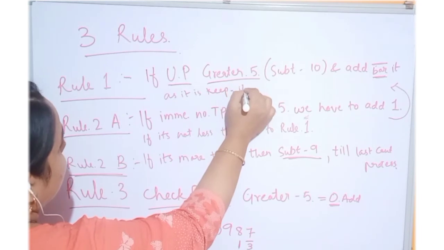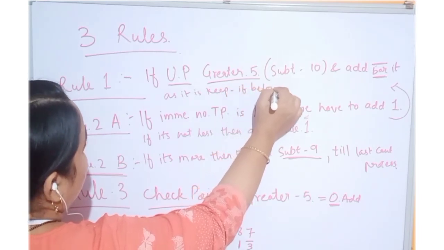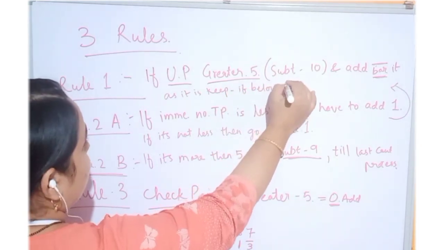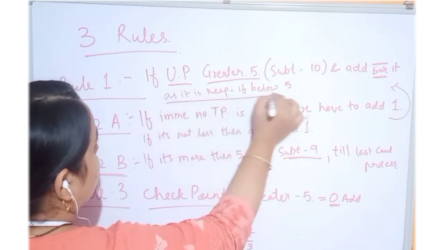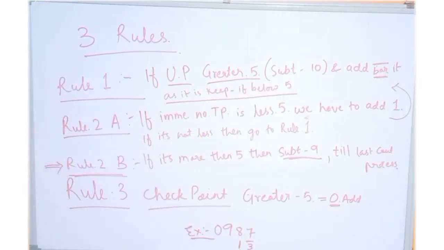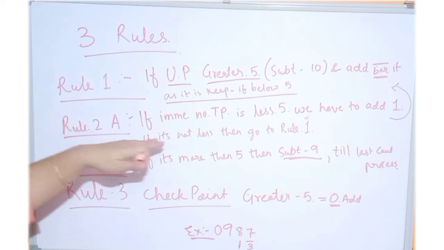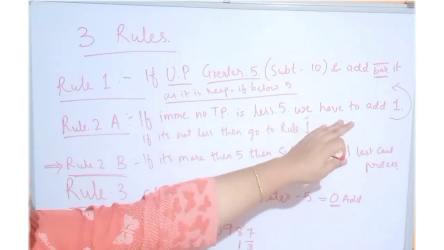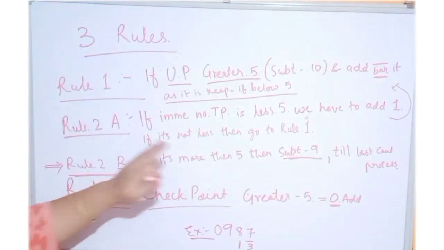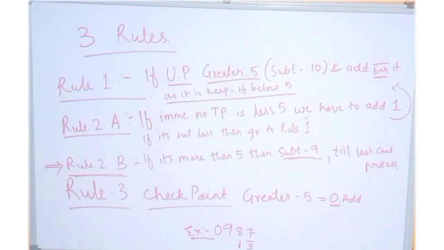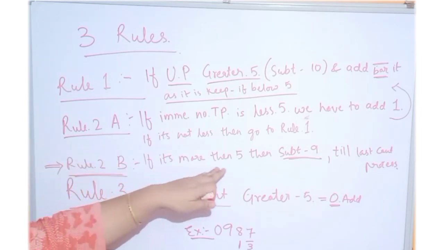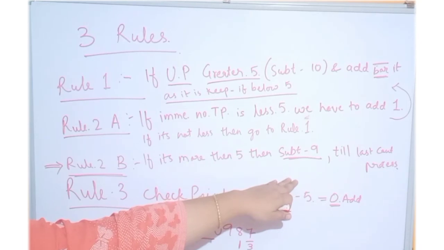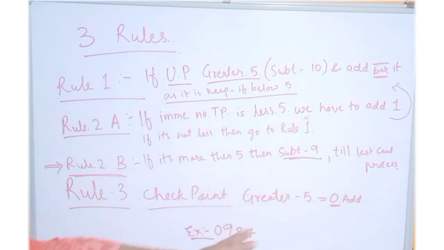I'll write it out so that you can note it. Rule number 2 has 2 parts. Rule 2A: if the immediate next number is less than 5, we add 1 to it, or go to rule number 1 again. Rule 2B says if it's more than 5, then subtract from 9 and continue this process till the last digit.